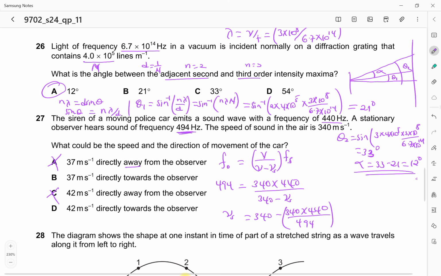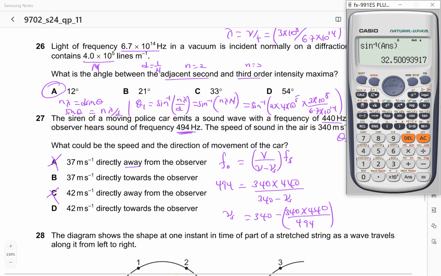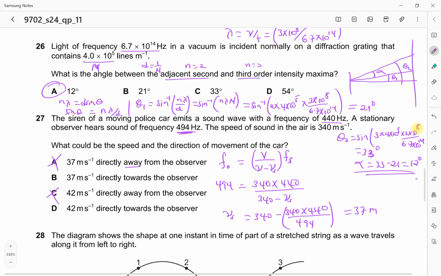You can make Vs the subject and see what you get. So pressing my calculator, it is 340 times 440 divided by 494. Then I'll say 340 minus the answer, which is giving me 37. So this is going to be 37 meters per second. So the answer is B.